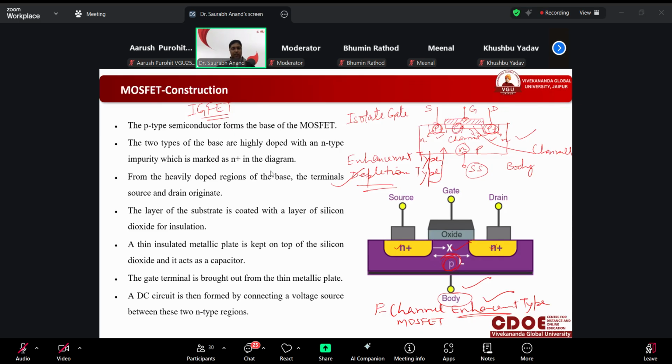So have you understood the difference between enhancement and depletion type MOSFET? Everybody, tell me.